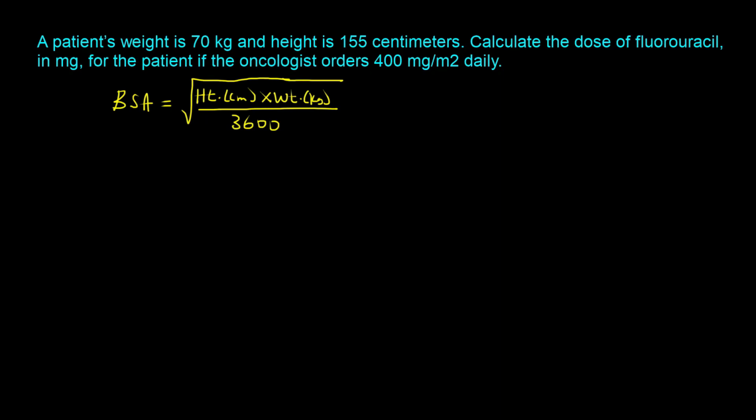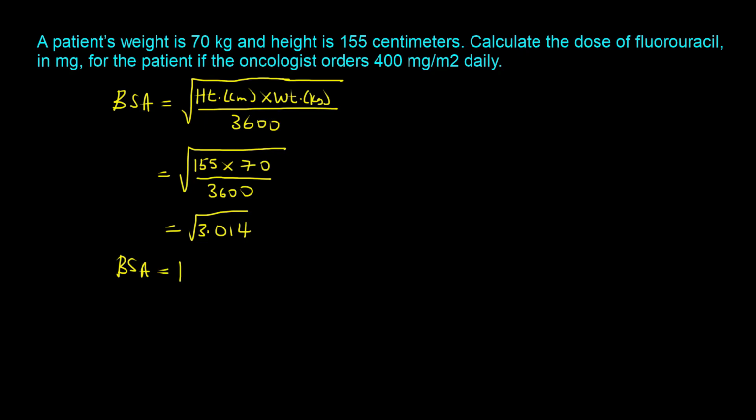And so we will go ahead and put that information into the equation. So we have the square root of the height, which will be 155, times the weight, which will be 70, divided by the 3600. And so that is going to be equal to the square root of 3.014. And so the BSA is going to be equal to 1.74 meters squared.